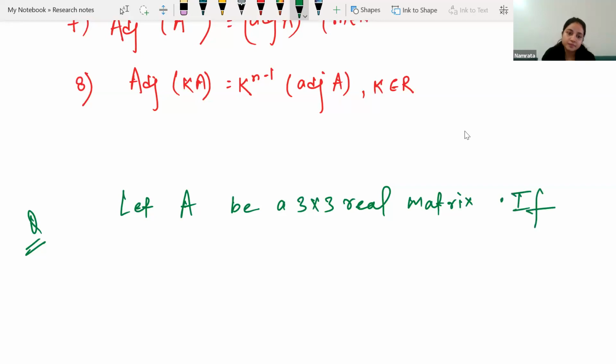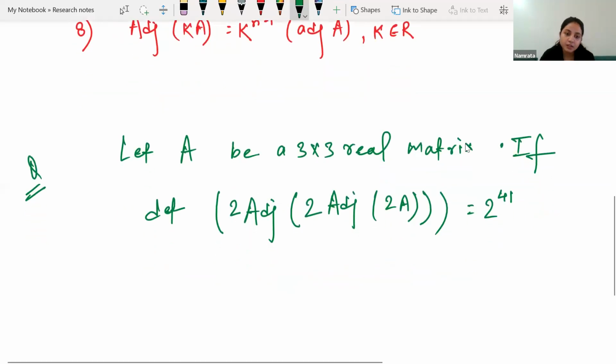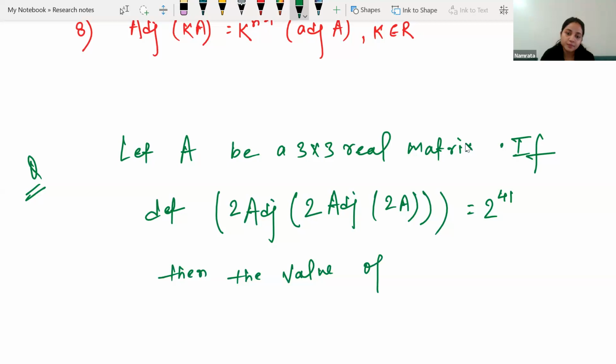If determinant of 2 adjoint, then again 2 times adjoint of 2A, is equal to 2 to the power 41, then the value of determinant of A square equals?